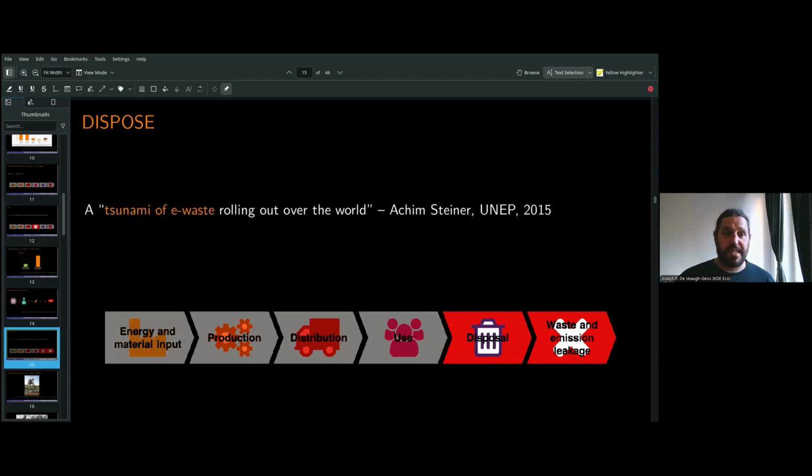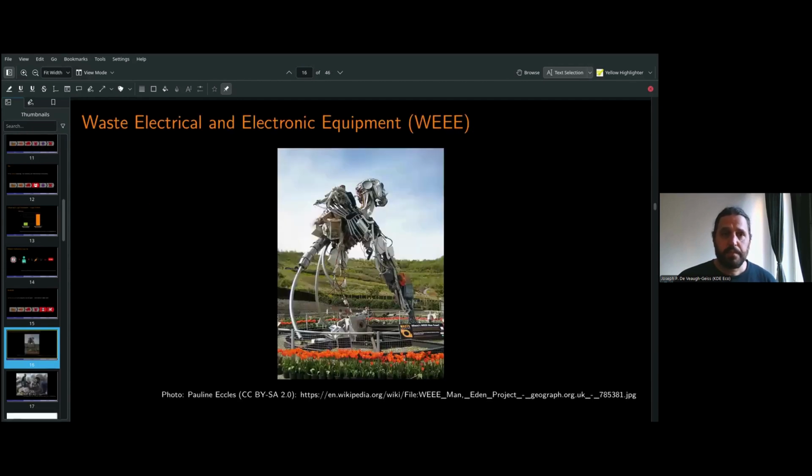In 2015, Achim Steiner from the United Nations Environmental Program referred to a tsunami of e-waste rolling out over the world, and it's only increased since then. The World Economic Forum talks about digital e-waste as being the fastest growing waste stream in the world.